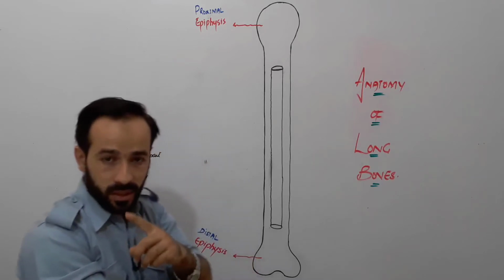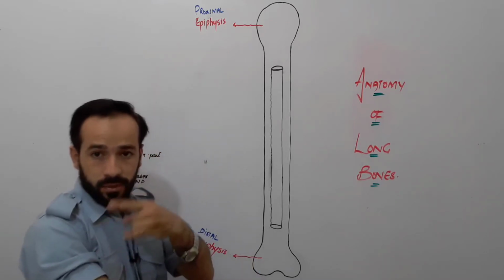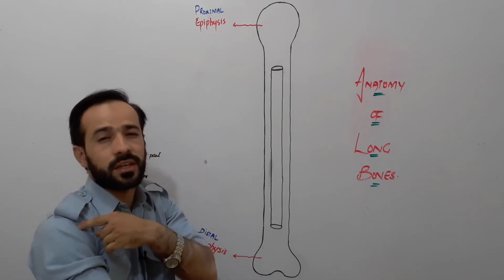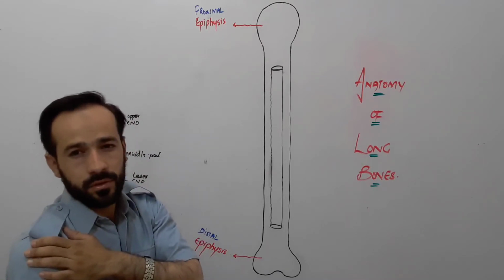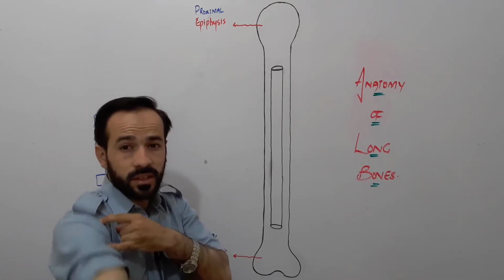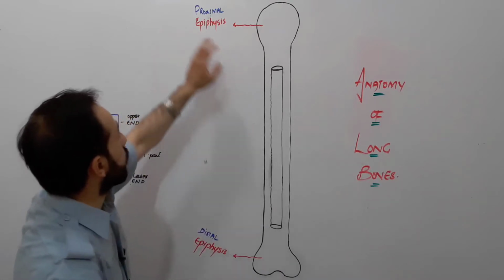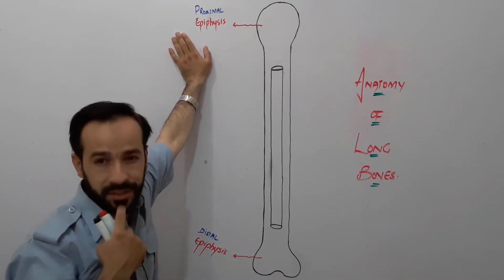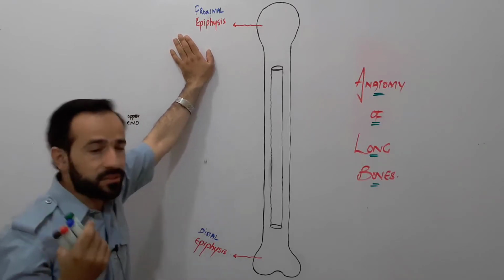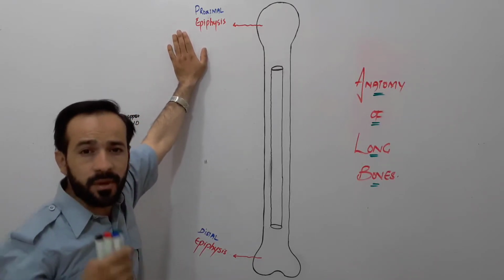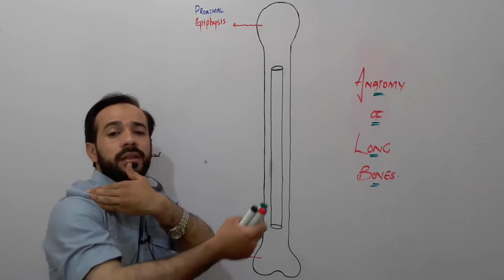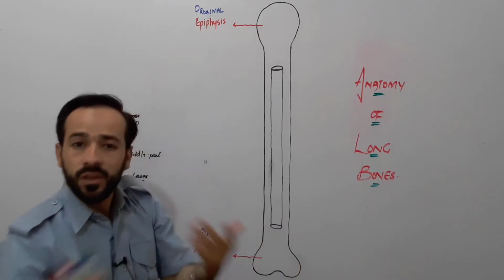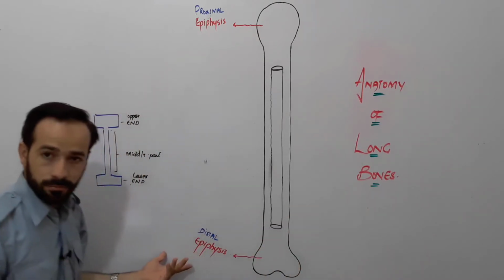Now listen to me carefully. The epiphysis which is connected to an immovable bone is called the proximal epiphysis, or it makes the upper joint. We simply say that this proximal epiphysis makes the upper joint and the distal epiphysis makes the lower joint of that bone, right?